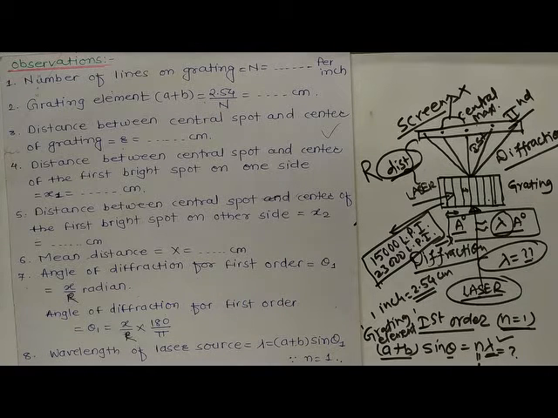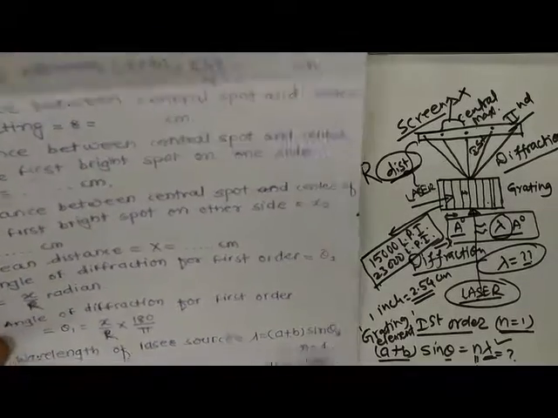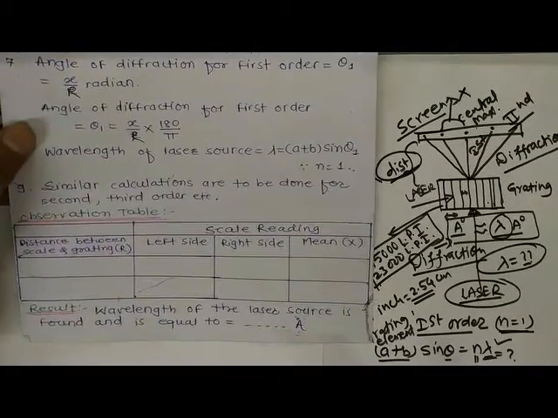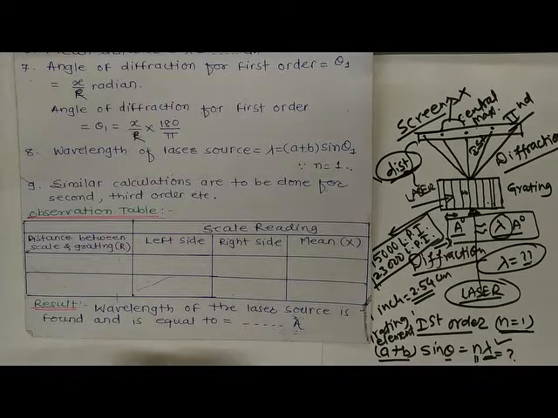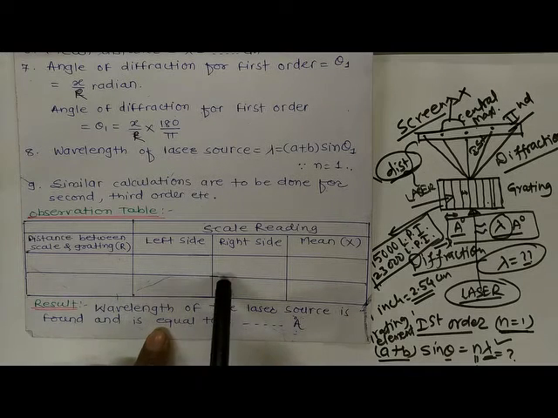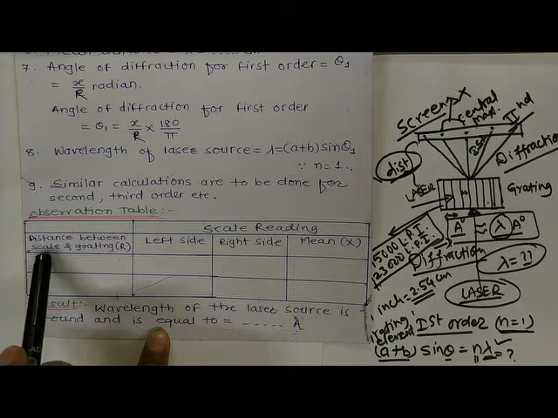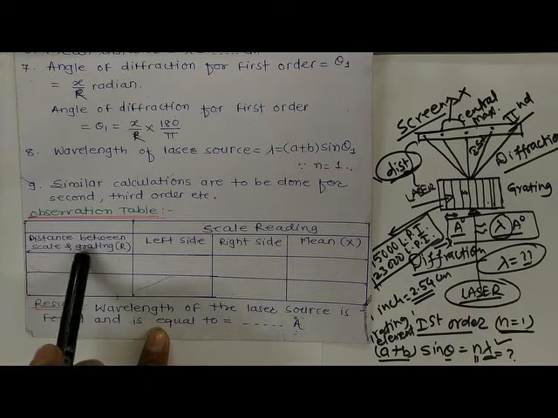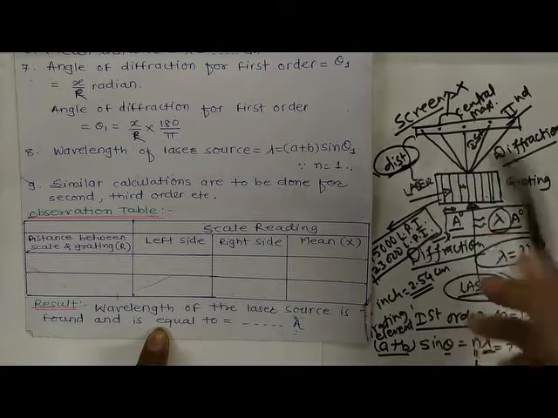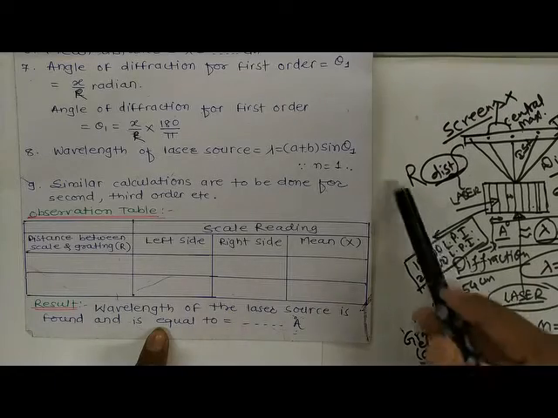Every time we have to find the different thetas with respect to those readings. So here in the observation table, this is the distance between scale or screen and grating, that is r.